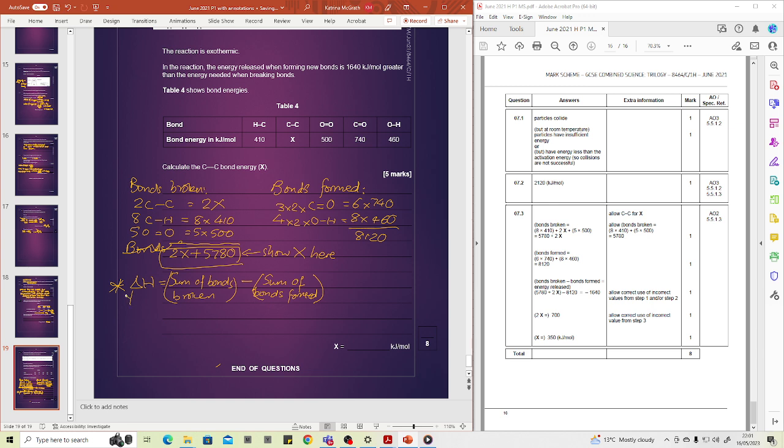So that is going to be minus 1640, because you get more energy released than you took in to break bonds. So minus 1640 equals 2x plus 5780 minus 8120. X is 350. Thank you very much.